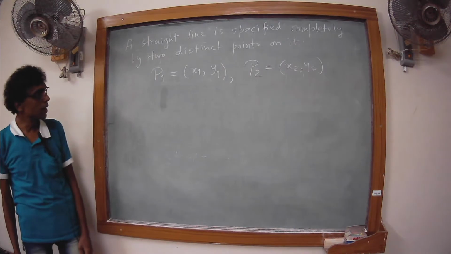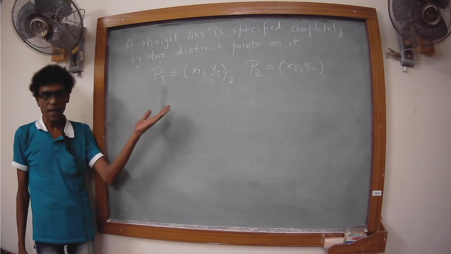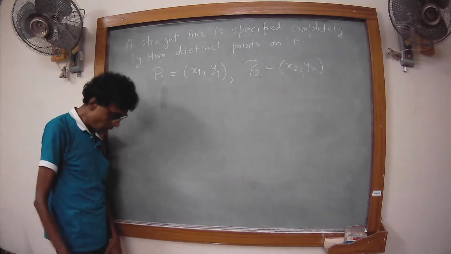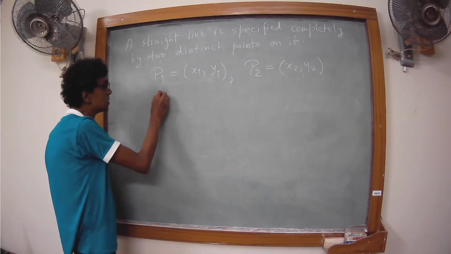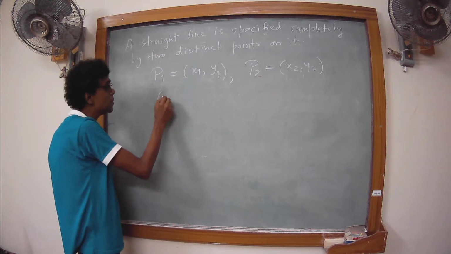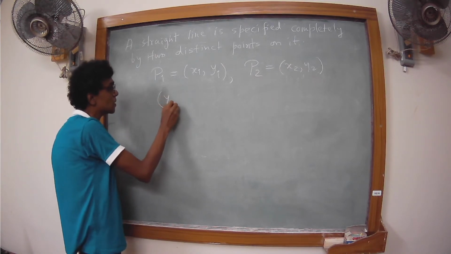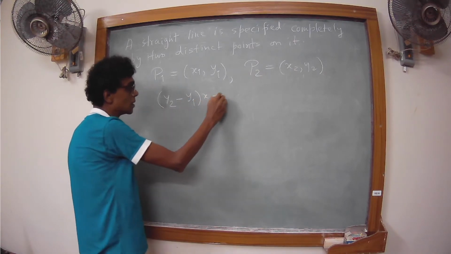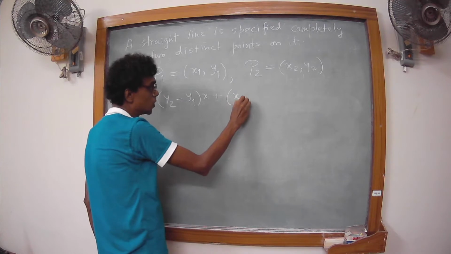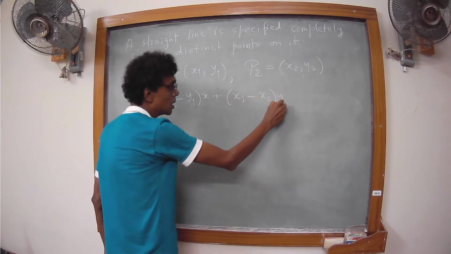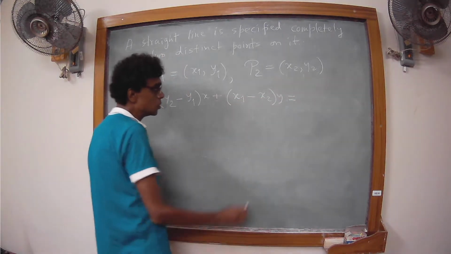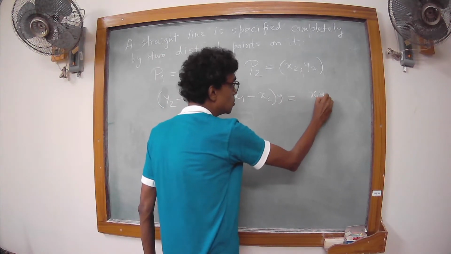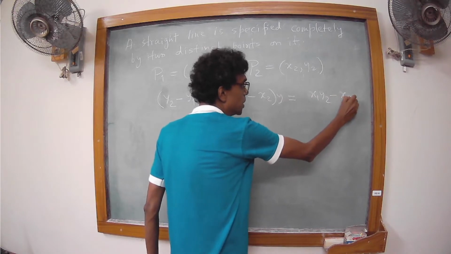then there are 2 ways I can represent this line. If I want to represent it in the form ax plus by plus c equal to 0, it is going to be something like this. I may make some mistake about the signs. y2 minus y1 times x, x1 minus x2 times y, possibly equal to x1 y2 minus x2 y1.